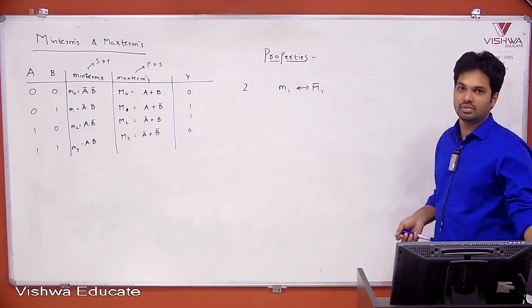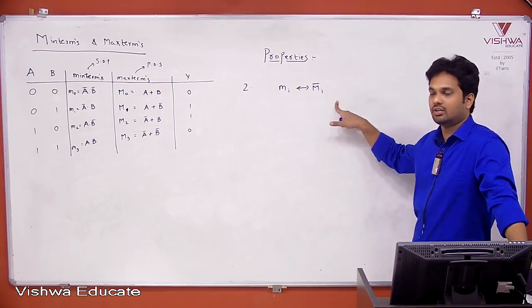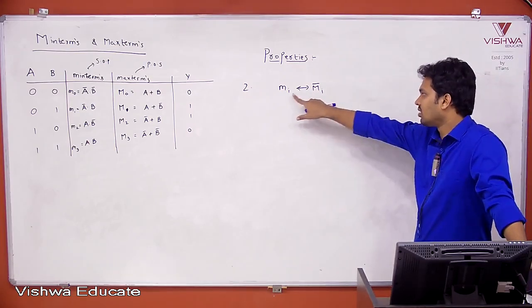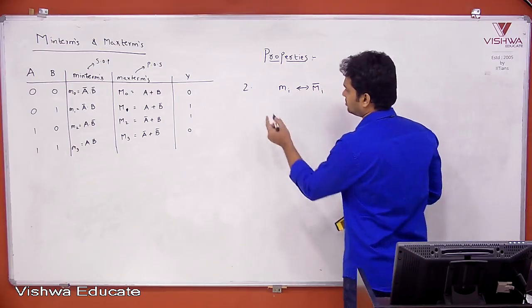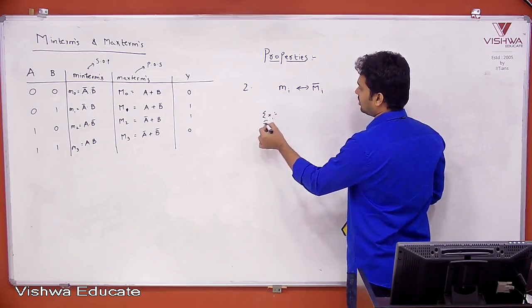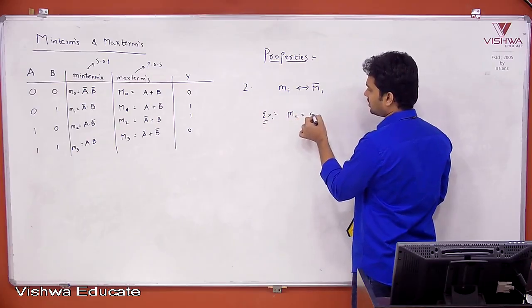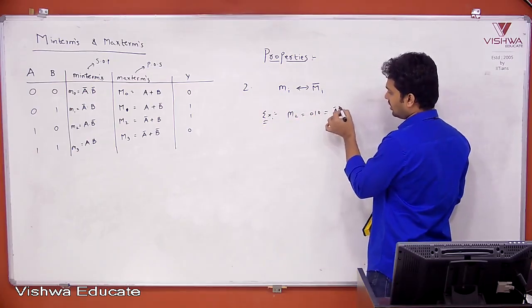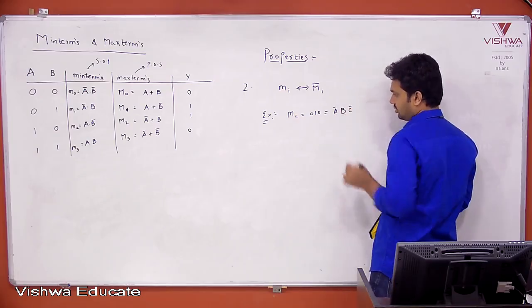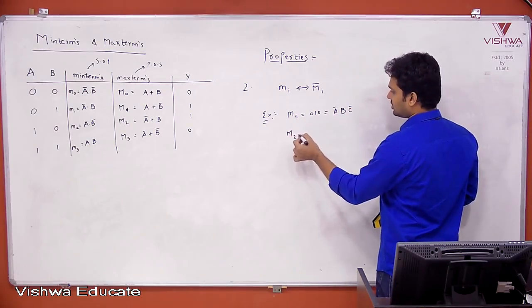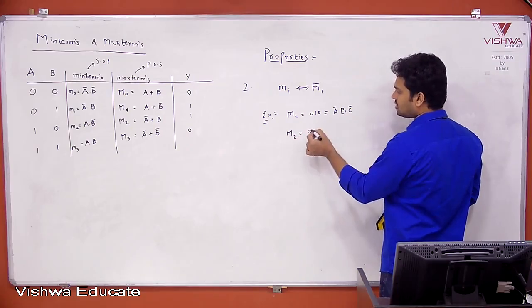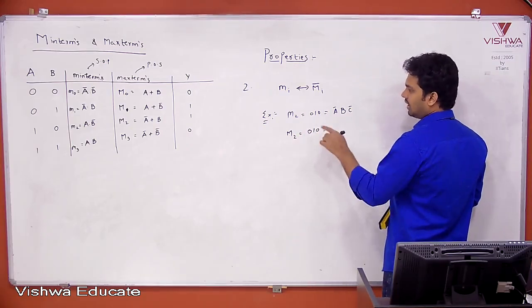What is the relation between minterms and maxterms? I already gave it. Minterms and maxterms are complementary to each other. For example, if you take minterm 2, what is minterm 2? 0 1 0 means A bar B C bar. What is maxterm 2, for example? 0 1 0, I am taking 3 variables.